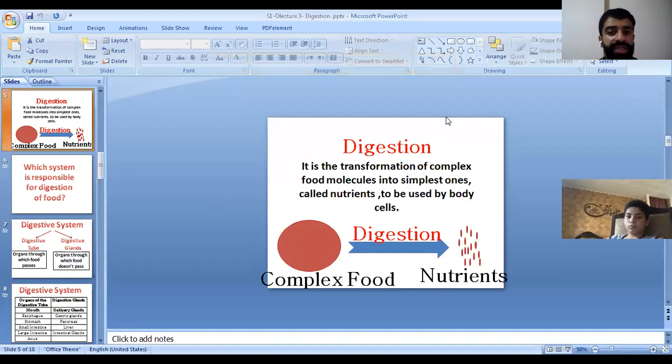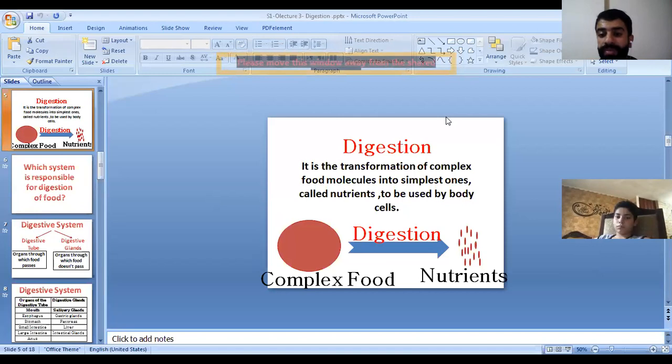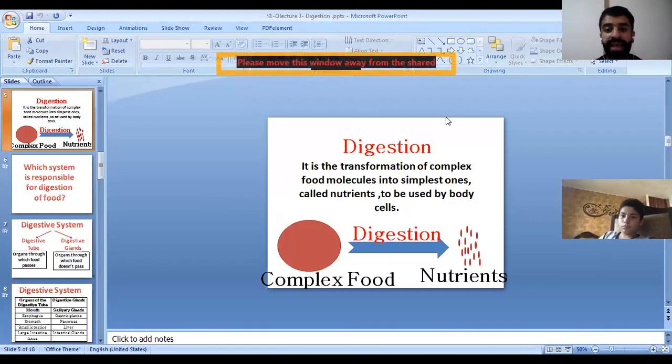And these nutrients are used by the body cells to perform our daily activities, since these nutrients can give the body the energy in order to work.